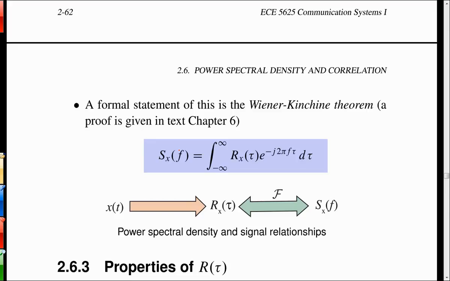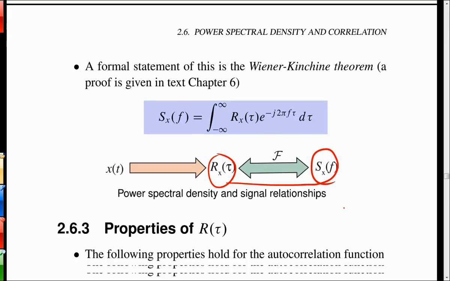You have to get it by processing through or passing through here, and then finally you can get to the power spectral density. So if you have a waveform that's periodic, you get the power spectral density by first getting the autocorrelation function and then taking the Fourier transform and getting the power spectral density.